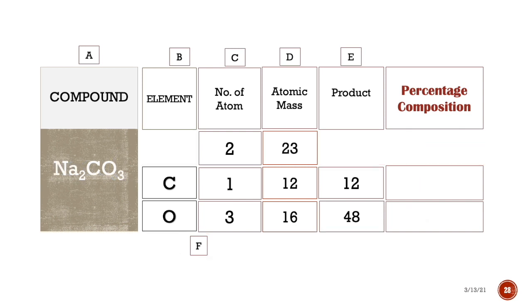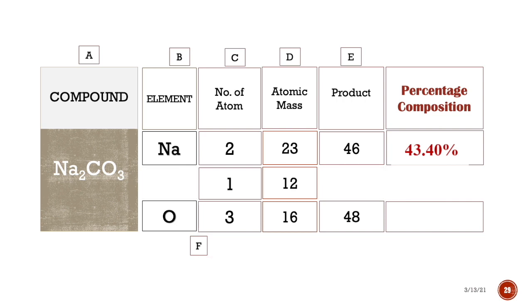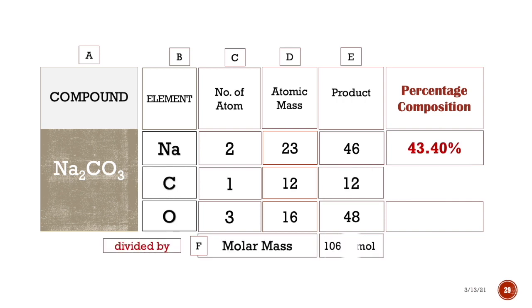Now, what about sodium carbonate? Let's start with sodium. 46 divided by 106 times 100 equals 43.40%. 12 divided by 106 times 100 equals 11.32%.